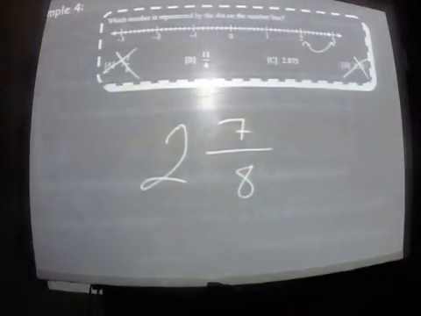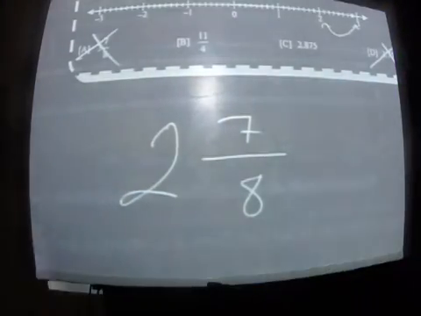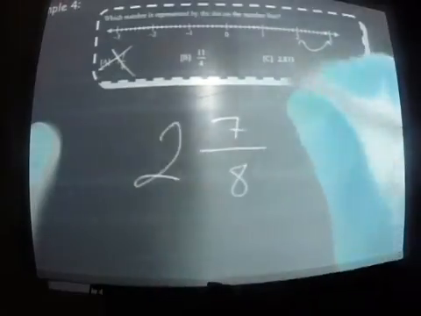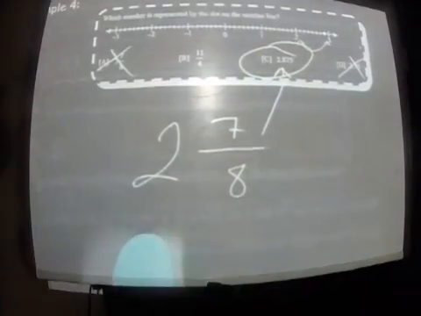If you hit the toggle button here, you'll see it is 2.875. I believe that concludes the notes for objective 4.